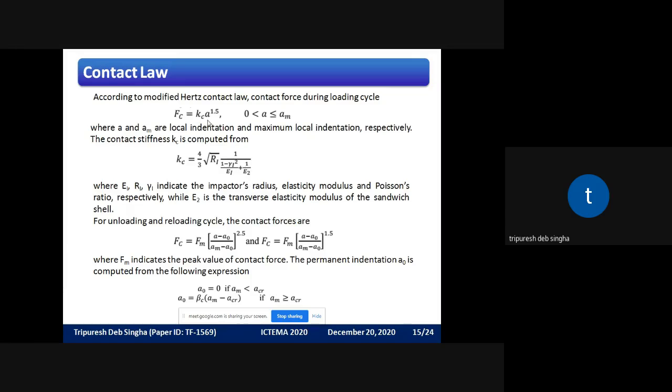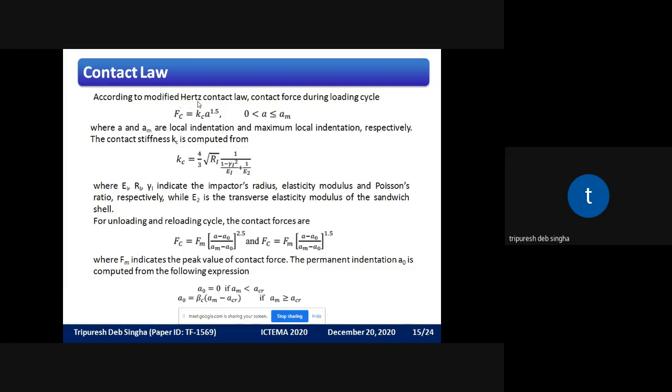So this impact force is calculated for the loading cycle. As we know, when an impactor impacts a surface, first there is loading during the forward movement, during the reverse movement it is unloading, and again with forward movement it is reloading. So three different cycles are considered.